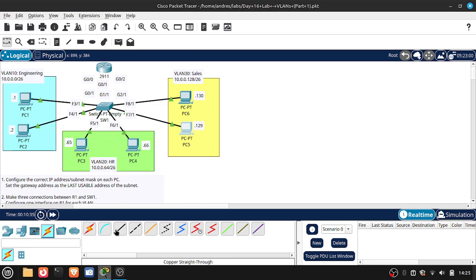We're gonna use direct straight copper, gigabit 0/1 with gigabit 0/0 for VLAN 10, gigabit 1/2 to gigabit 0/1 for VLAN 20, and gigabit 2/1 to gigabit 0/2 for VLAN 30.